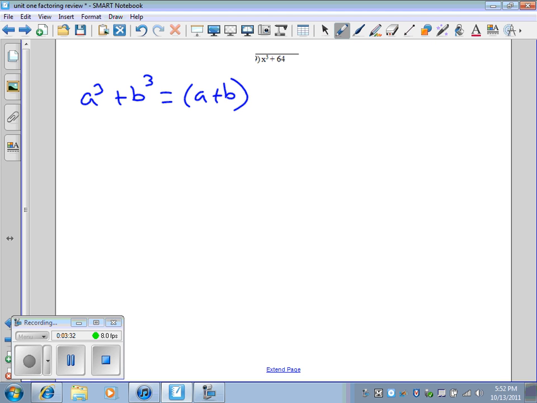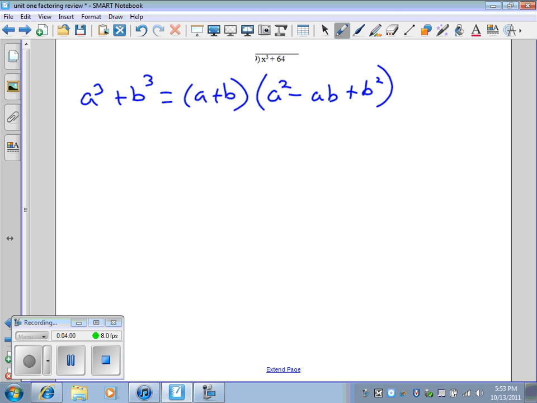If you think about SOAP, SOAP says to keep the sign of the first binomial the same. That's what the S is for. And then we write a squared. The O is opposite, so if it was positive, it becomes negative, and ab. And then the last is always positive, so the sign is always positive, b squared.